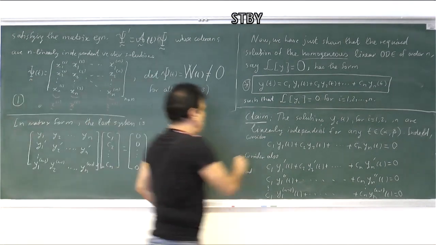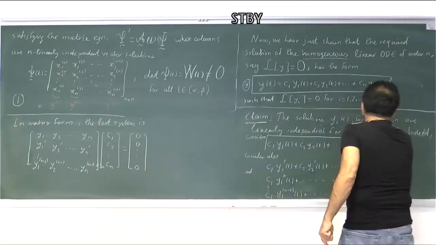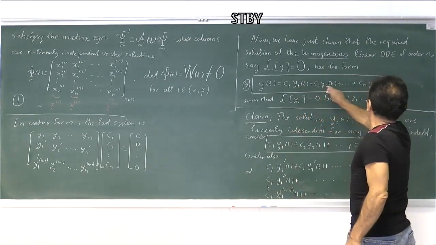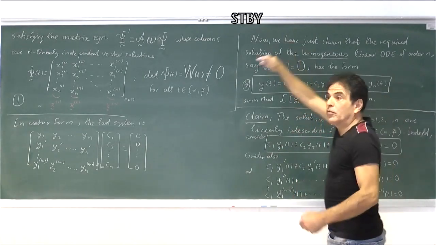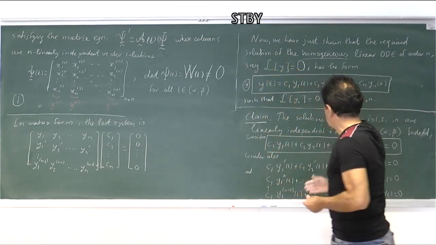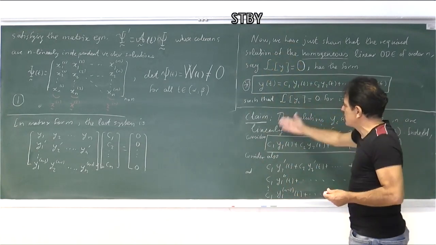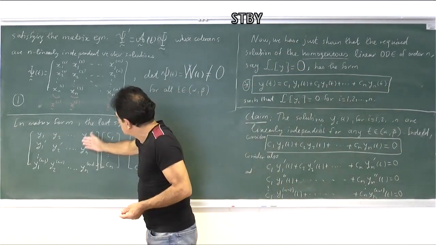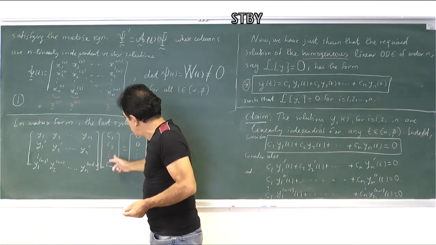So to check the linear independence of n solutions y1, y2, yn of the ODE, we may use this system of n equations, which is a homogeneous system for C1, C2, Cn.